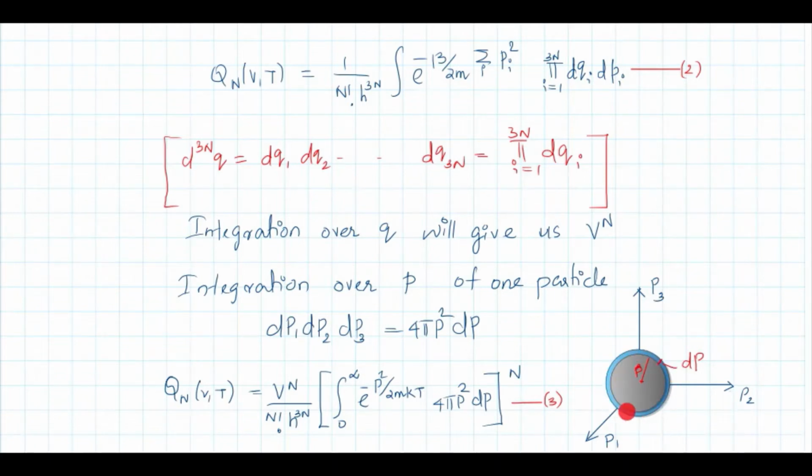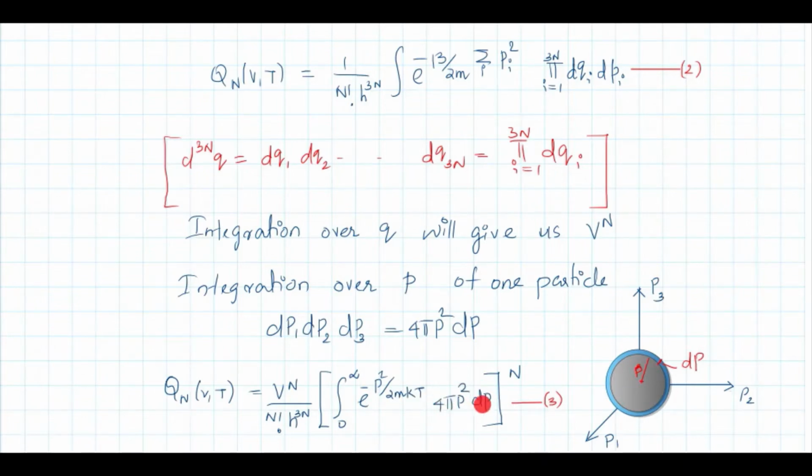Now you integrate the p value from 0 to infinity, you can cover the entire region of this momentum space. That is the idea. Integral 0 to infinity 4 pi p squared dp will give you the whole volume of momentum space. So for a single particle, you can rewrite this integral as integral 0 to infinity e raised to minus p squared divided by 2m kT into 4 pi p squared dp.